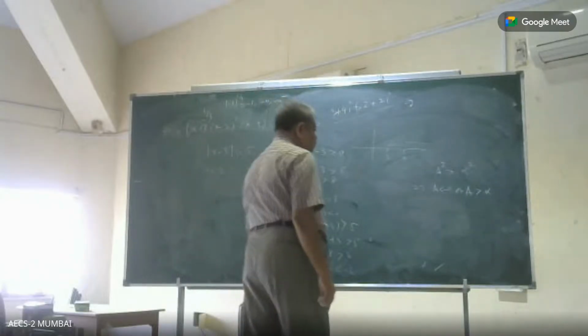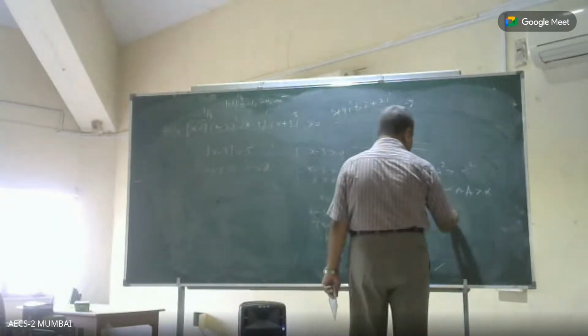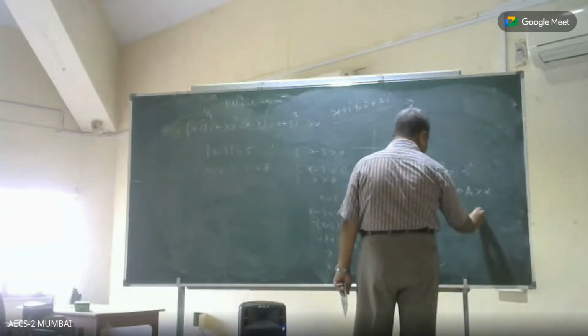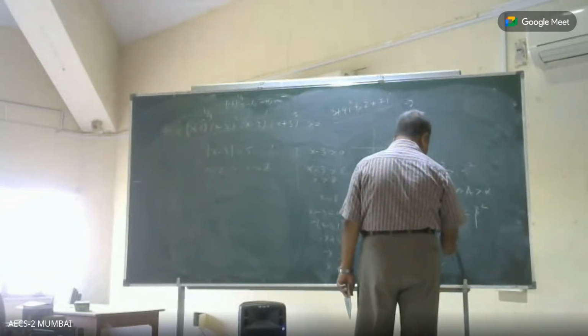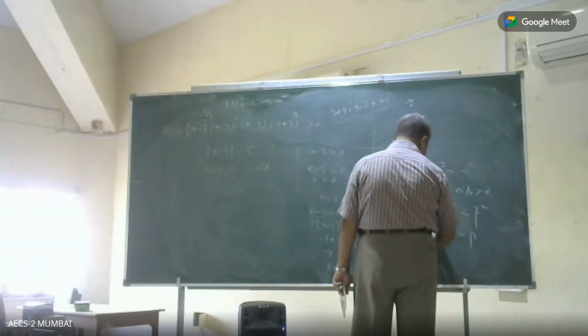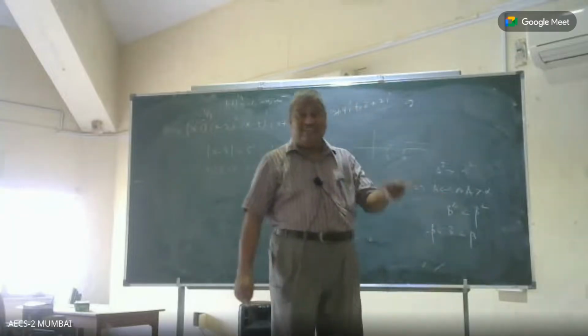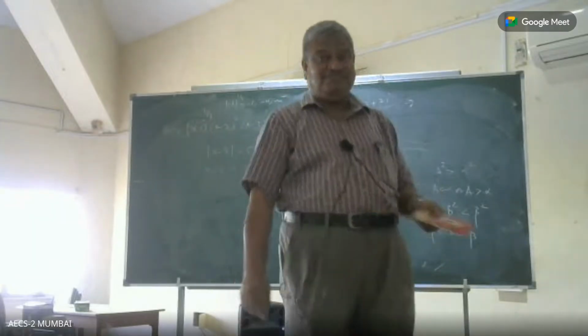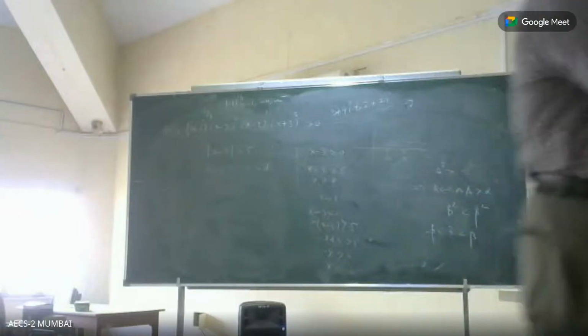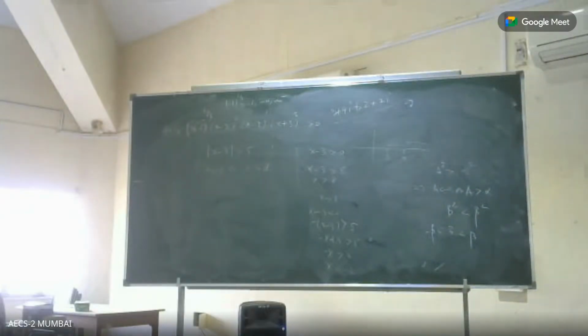So if B square is less than beta square, it means what? B is between. This is all, that is the whole story. You are here or there. Here it is and. That is why I am telling you.